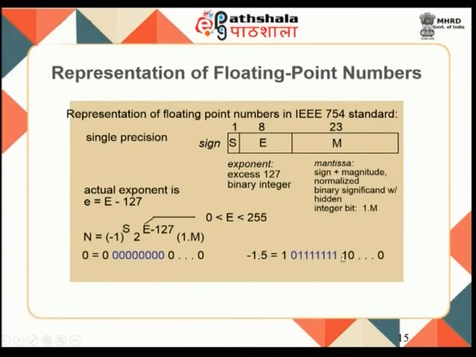So, you have 1 0 0 0 indicating that it is 0.5, and as far as your exponent value is concerned, it is going to be minus 1.10 etc. into 2 power 0. So, to that you will have to add your bias value of 127. So, when you add that, this becomes your exponent value. So, this is the biased exponent value, this is the normalized mantissa value, and this is the sign of the number. So, this is how you represent minus 1.5.